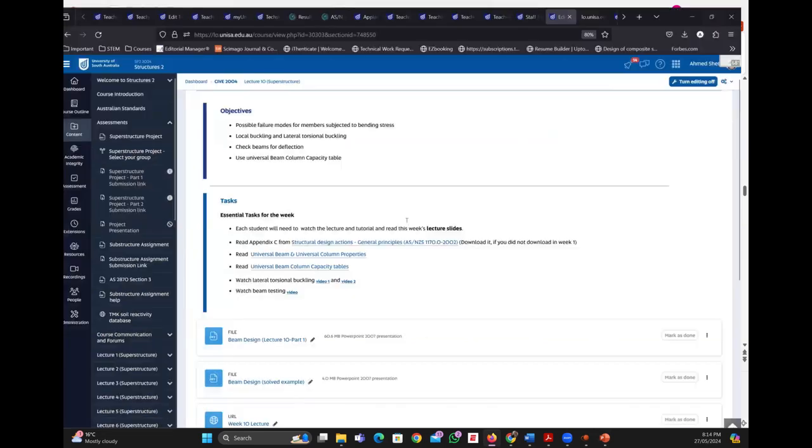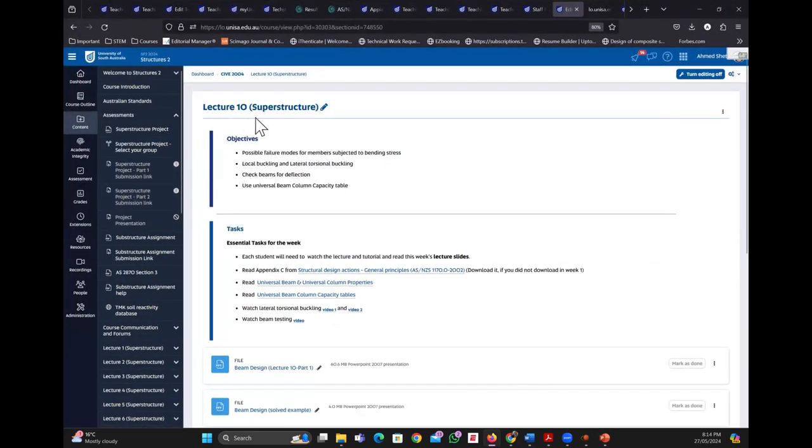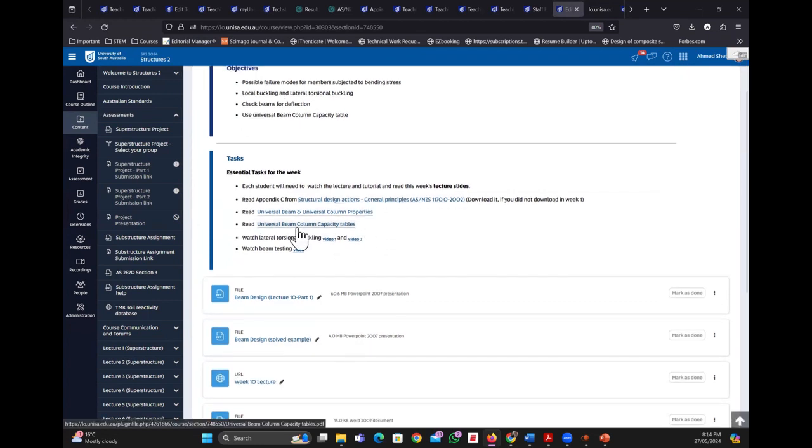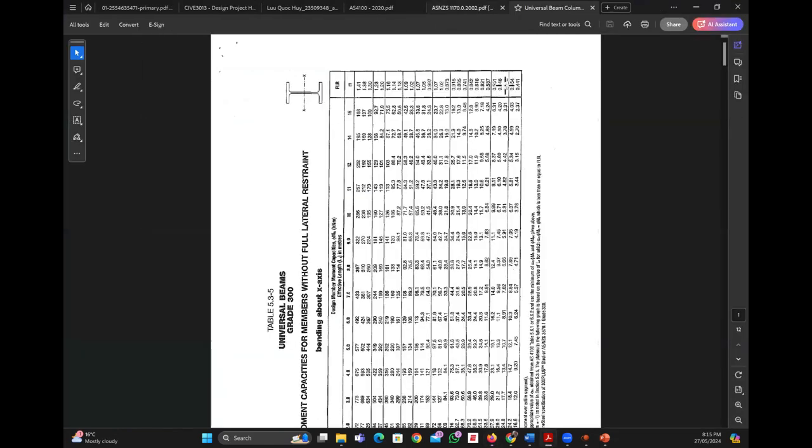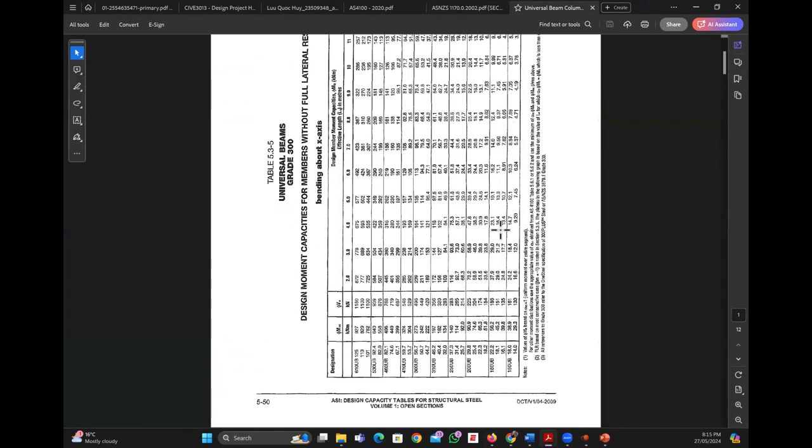This is the week 10 content of superstructure, and these are the capacity tables. Can you see it? Yes, we can. So this is our capacity tables here.